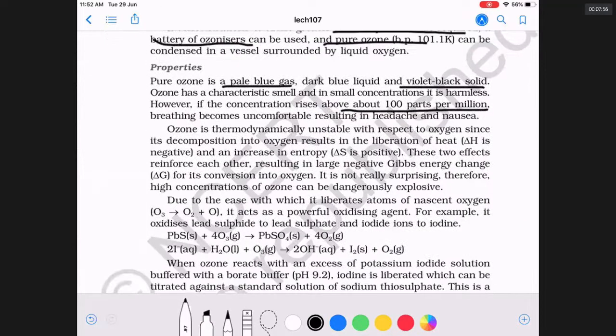Notice that ozone is not very stable, it is thermodynamically unstable. Decomposition of ozone becoming oxygen is spontaneous at all temperatures. It can happen at all temperatures because this is thermodynamically unstable.